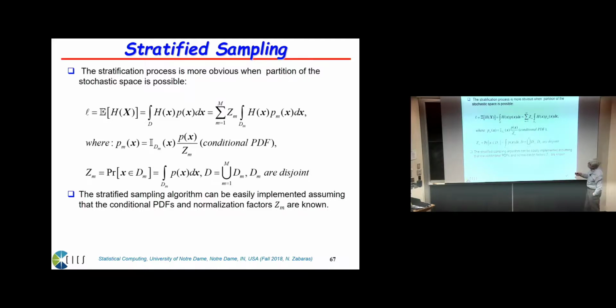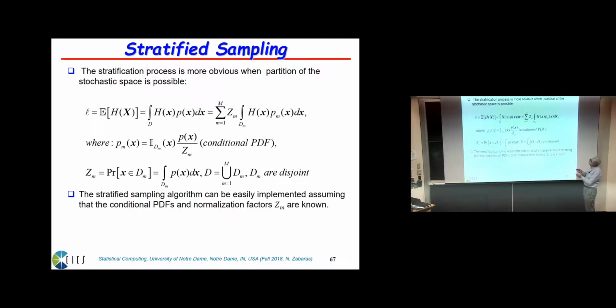How do I take care of that? I put in an indicator function that says, if you're not in that domain, this distribution is 0. All right, so you take the conditional distribution given that you are in the domain M, and you do this by introducing this indicator function; Cm is the normalization factor, the probability that you are in the domain. So obviously, if I am going to put a Zm there, I'm going to have to put a Zm there.